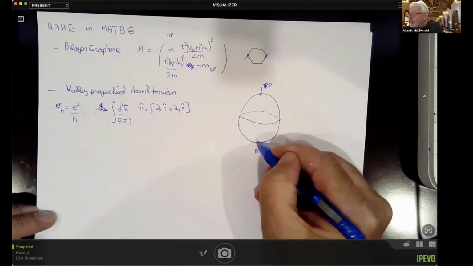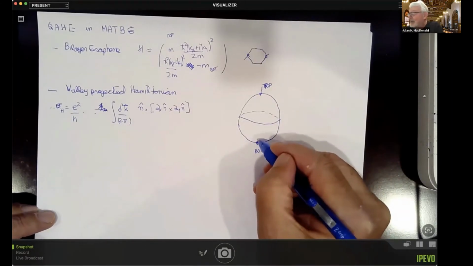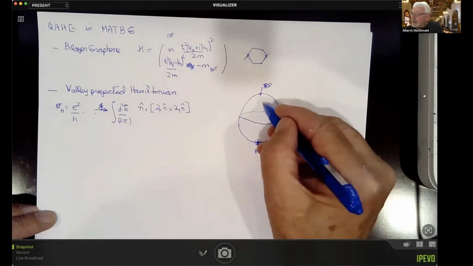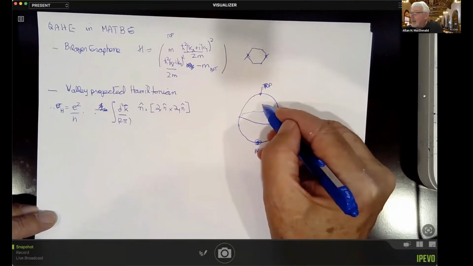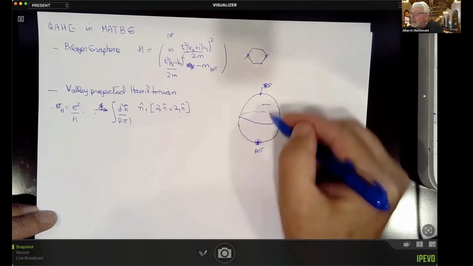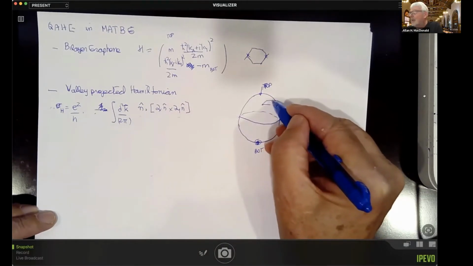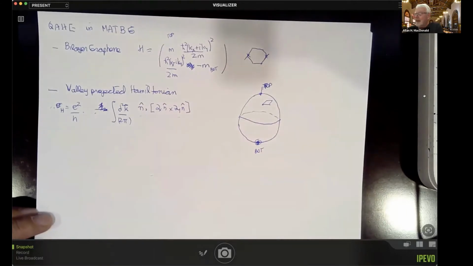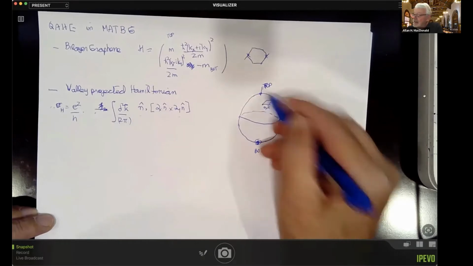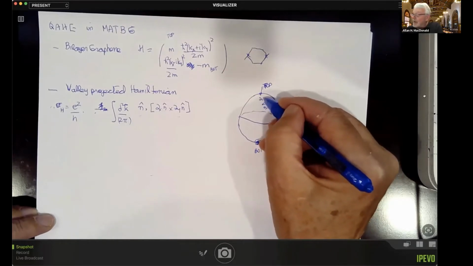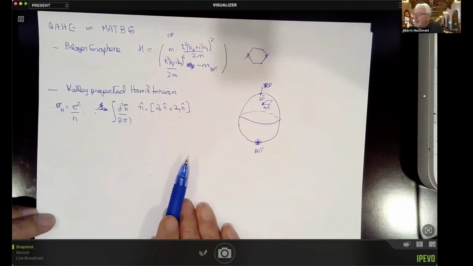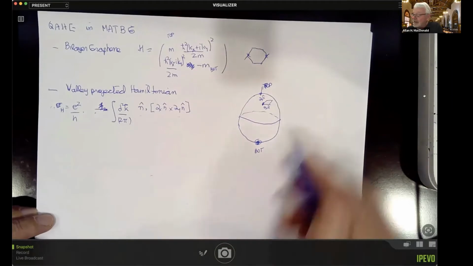The way I've written it, at k equals 0 it will be at the South Pole, and for a given point in k, this expression is how much area on the sphere you map out for a small region of momentum. So this is dx n, let's say, and dy n at some point on the sphere. This is the area that you map out on the sphere.